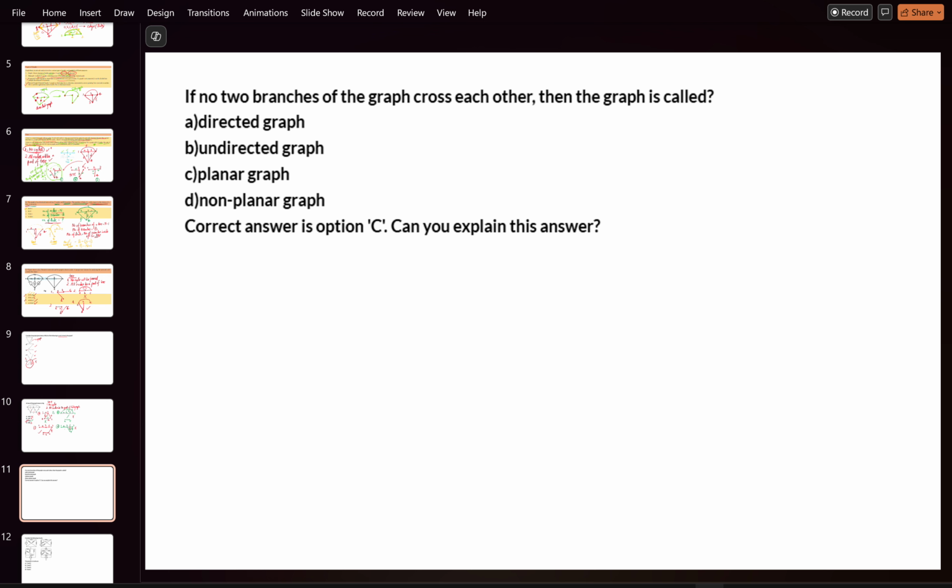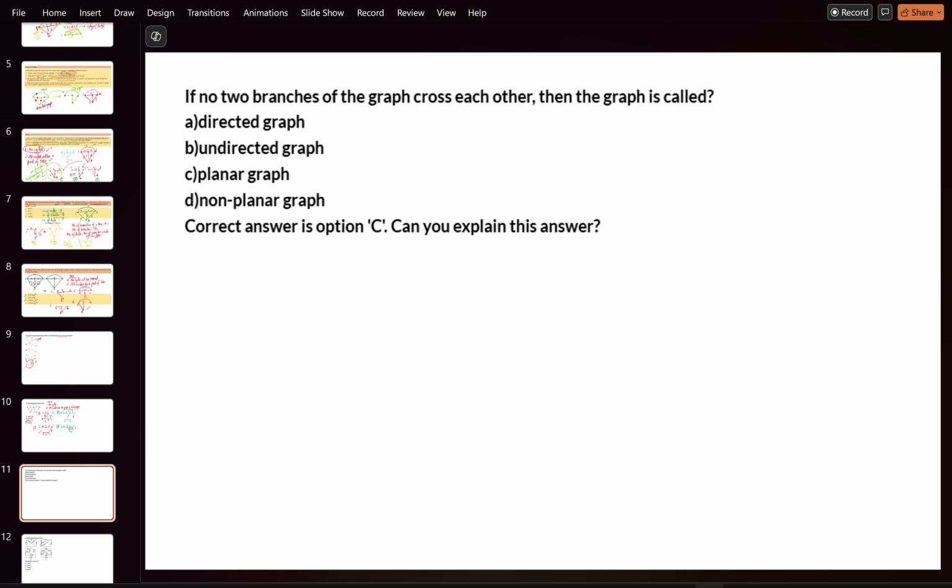And one more thing is planar and non-planar. Planar means if no two branches of the graph cross each other. Suppose this is one branch and another branch we have kept like this.